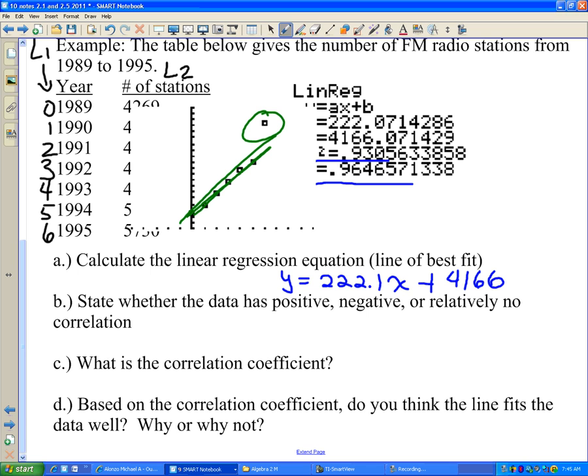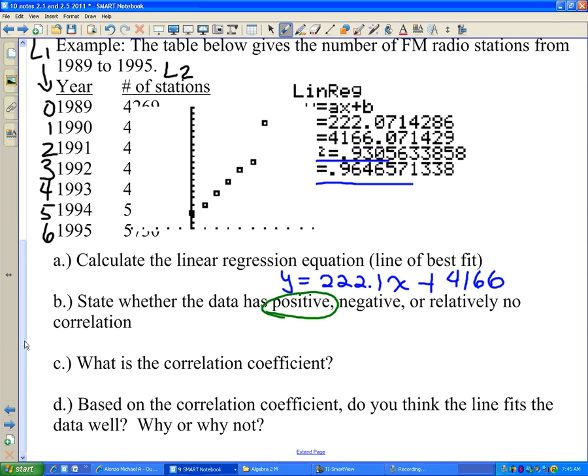Then I have this one point that makes it a little different than just linear. So it definitely is a positive correlation. As x increases, y increases. A negative correlation would say as x increases, y decreases. So here I have a positive correlation.